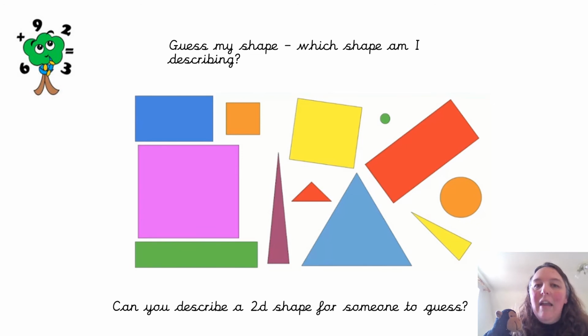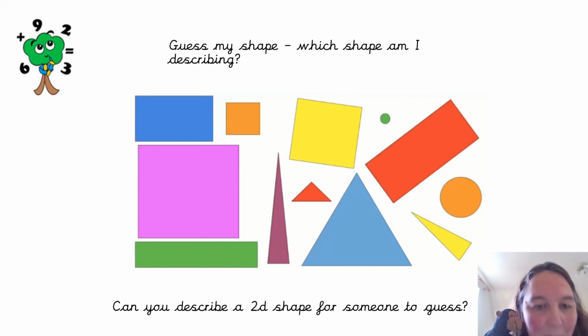All the sides are the same length. And this shape is yellow. Okay. Which shape do you think it is? You've got it. It's this yellow square just here.